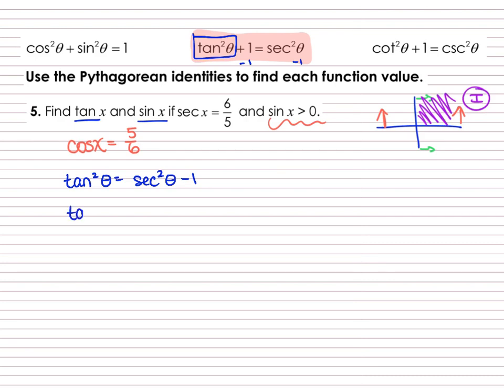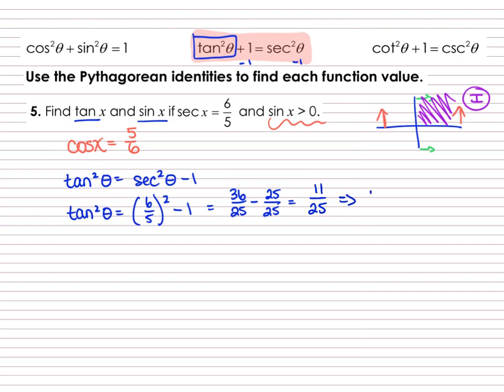I've got that tan squared theta is equal to, we know secant is 6 over 5, and the squared means we're going to square that whole thing, minus 1. So we get 36 over 25 minus 1. I'm going to turn that into 25 over 25 just to make it easier, which is equal to 11 over 25.